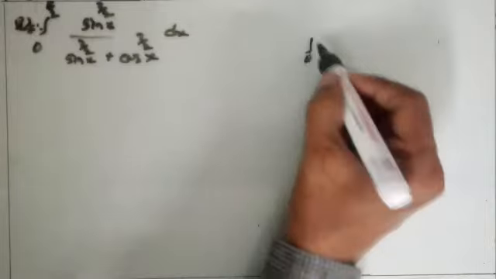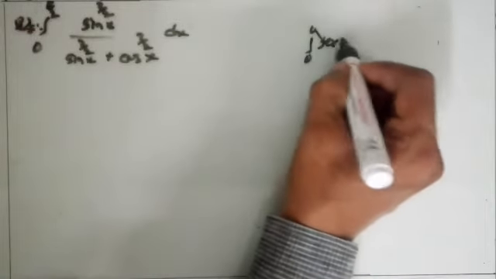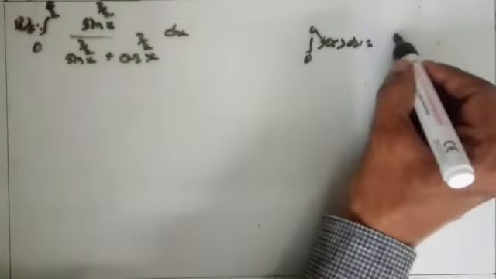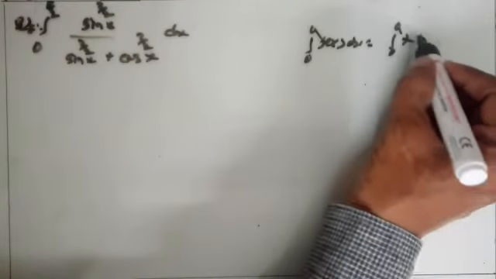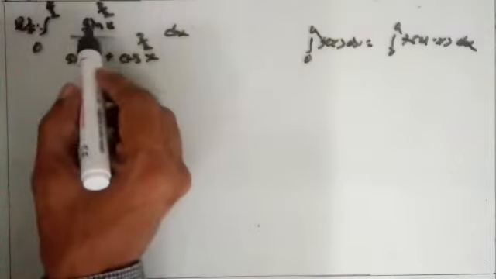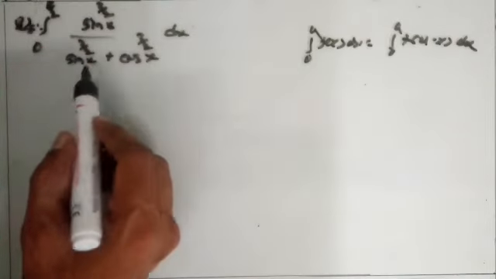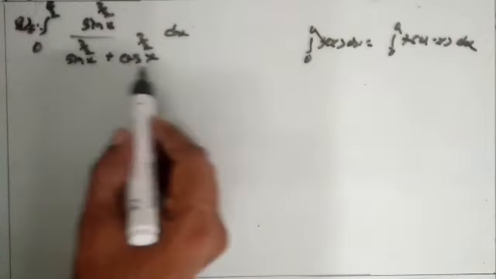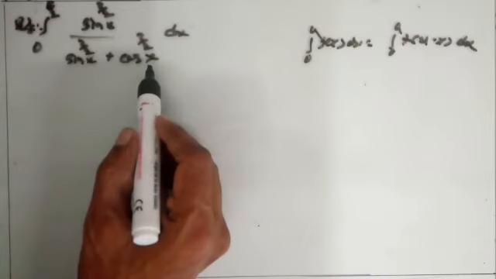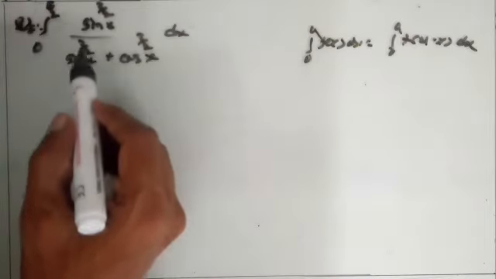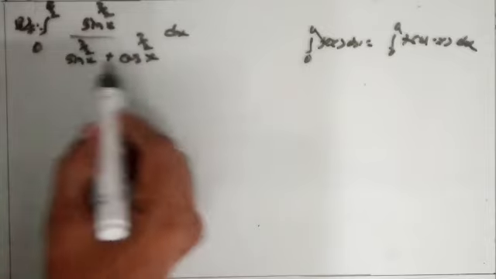Say this is integration I. Now apply our property, 0 to a f(x) dx is equal to 0 to a f(a minus x) dx. So here we get sin pi by 2 minus x. So here we get cos, here sin, here cos and a sin.